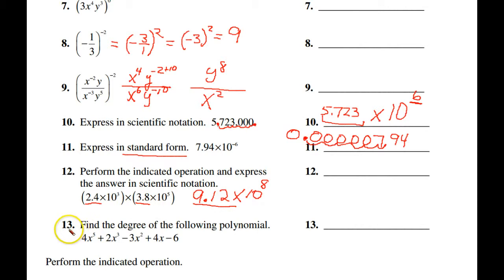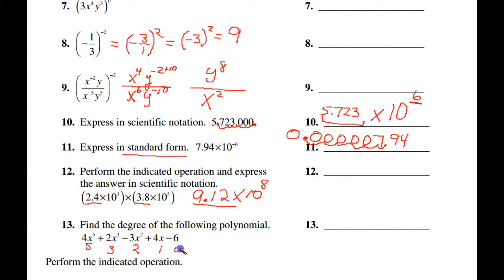Now for number 13, they're asking us to find the degree of the following polynomial. So what we do, a suggestion would be, find the degree first of each term. Well, here, this one is 5. This one is 3. This one is 2. This one is 1.